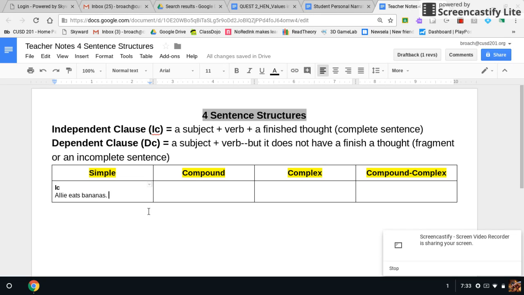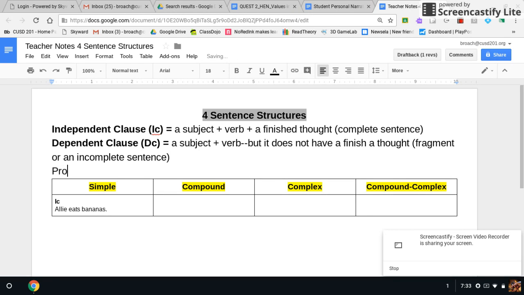Now, for the sake of the explanations, I'm going to keep my sentences short and sweet. Now, I know that we all write longer sentences, some of which use the word I. So you need to be aware of pronoun subjects, okay? So that's another note to keep in mind, the pronoun as subject.